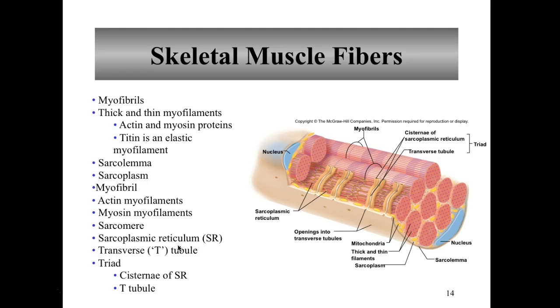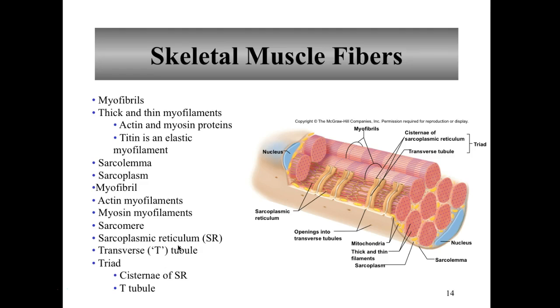Now, the sarcoplasm itself is, simply put, the cytoplasm of a cell. So if you have the sarcoplasmic reticulum having a high concentration of calcium ions compared to the sarcoplasm itself, what you have taking place there is active transport. And that is maintained by active transport, or what we can call the calcium pump.